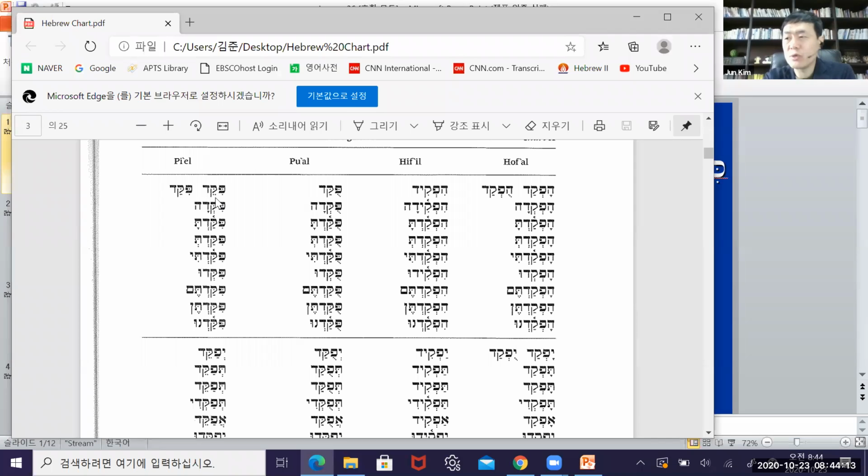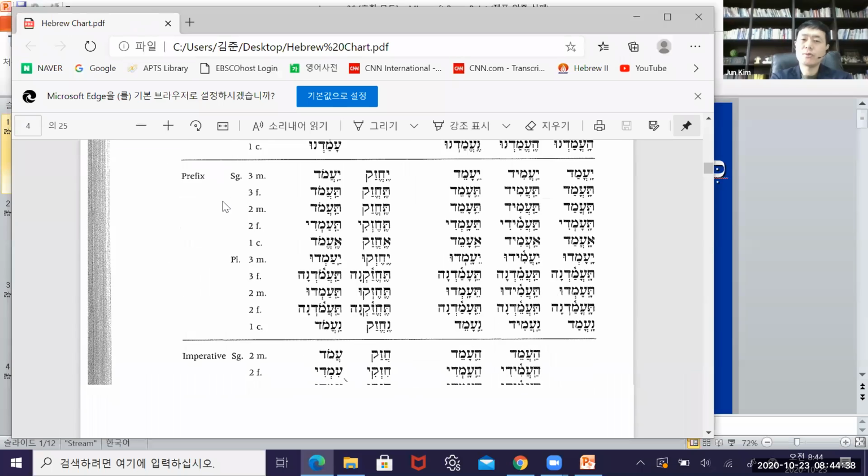So I told you, if you are dealing with a strong verb, then the affix form, 3MS affix form, normally should carry the sound of the name. So now the most expected vowel pointing for the Piel stem is hireq. So we are expecting hireq. Are you following me? Okay, it's good.